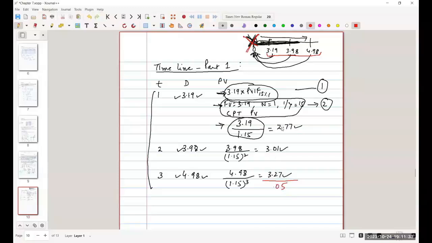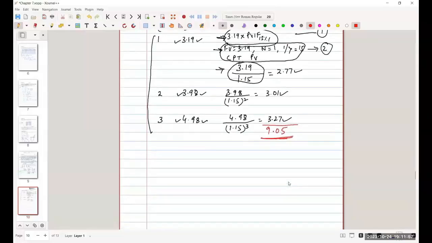And then 2 and 1, 3 and 3, 6 and 3, 9. $9.05. If my timeline finished at time 3, then $9.05 would have been the price of this share. I would be willing to pay $9.05. But then the story doesn't end here, because this was only the first part of the timeline. Now let's bring in the second part of the timeline.